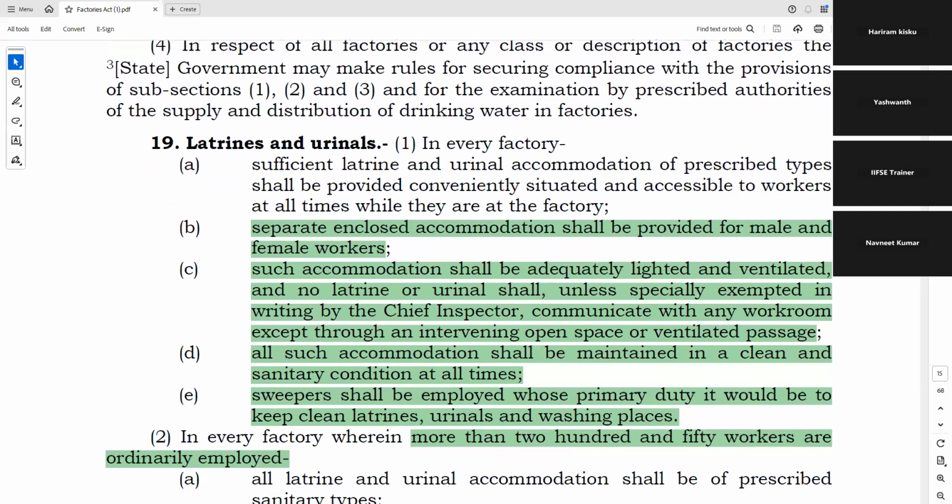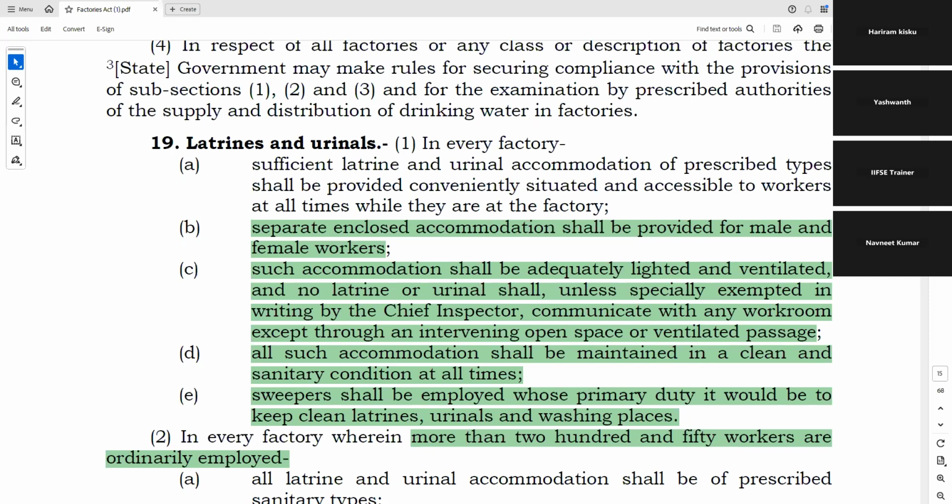As I mentioned initially, the sections will not be asked. They ask only the essential information. Why is the Factories Act required? What are the main objectives of the Factories Act? So that you are able to write a few sentences with respect to the various requirements we have discussed.